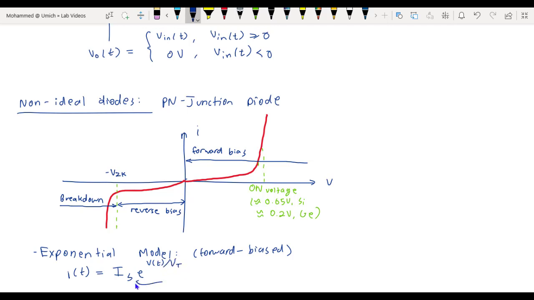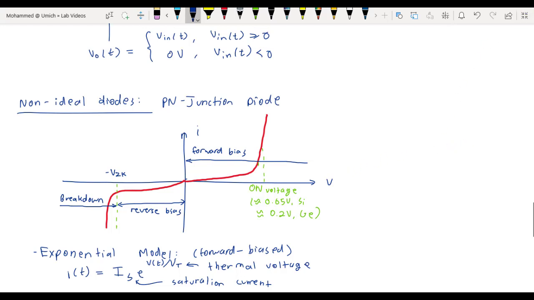Is is called the saturation current, which is constant, and Vt is known as the thermal voltage, which is also a constant. Now, unfortunately, due to the severe nonlinear nature of this model, it is very difficult to analyze.